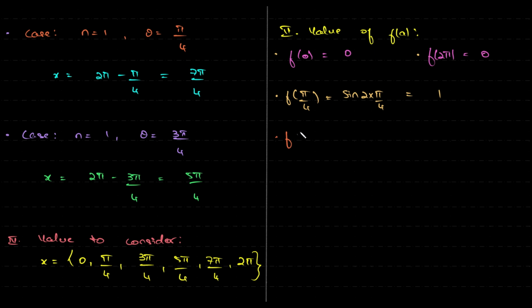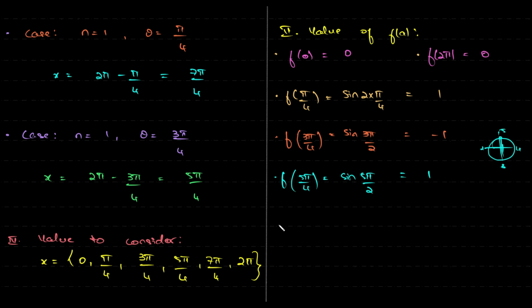Then we have f of 3 pi by 4. So this would be sine of 3 pi by 2, which is minus 1. Again, all these are simple calculations, and even you need not write too many steps in your exam. Then for 5 pi by 4, we have sine of 5 pi by 2, which is pi by 2 five times. If I draw a unit circle, this is 1, 2, 3, 4, 5.